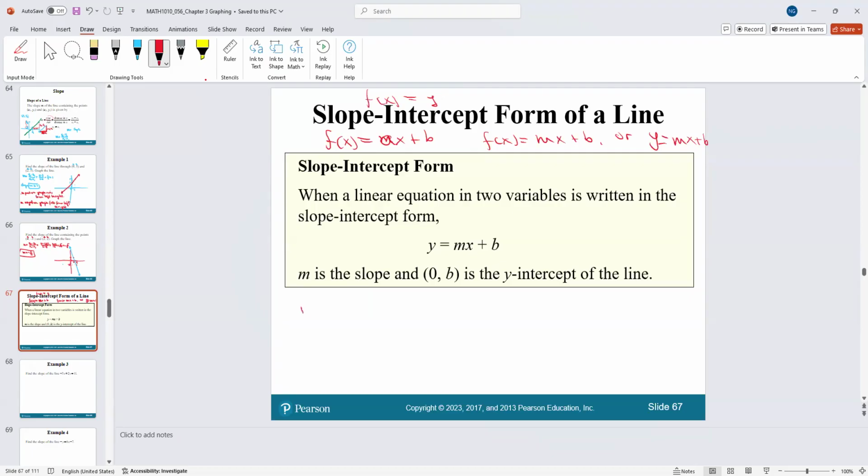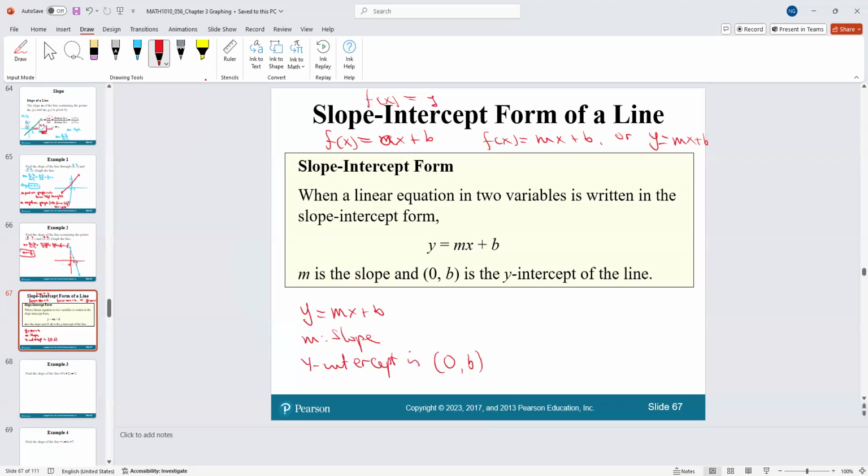So if I have y equals mx plus b, m is the slope, the y-intercept is b. So y equals mx plus b is appropriately called the slope-intercept form.